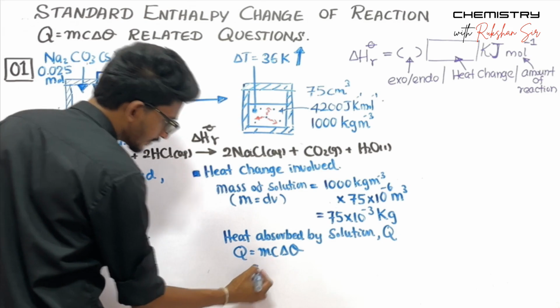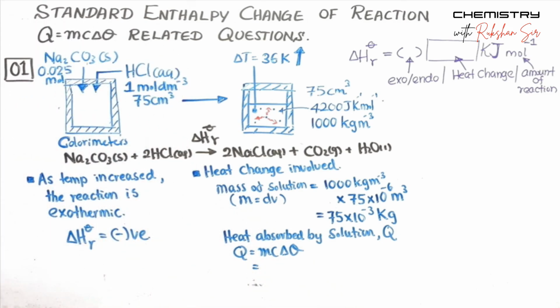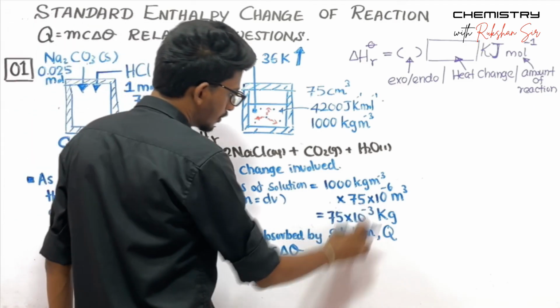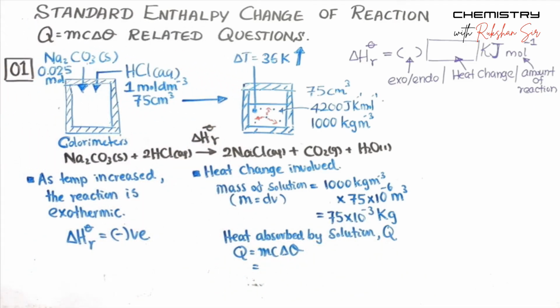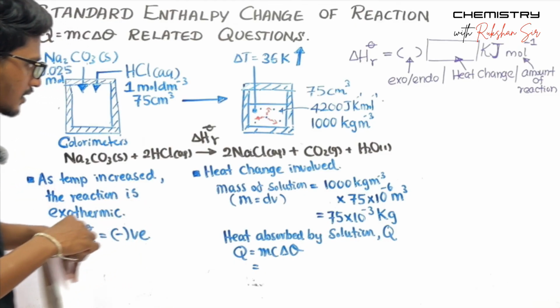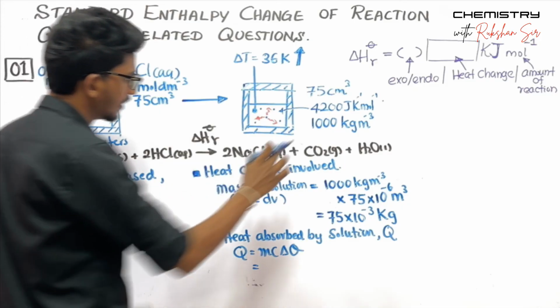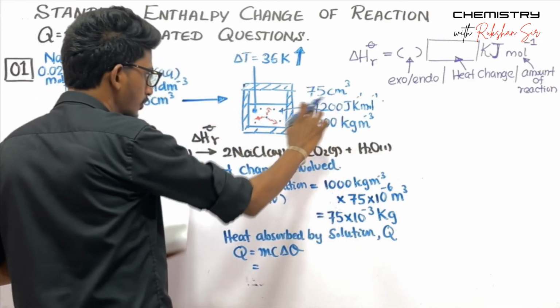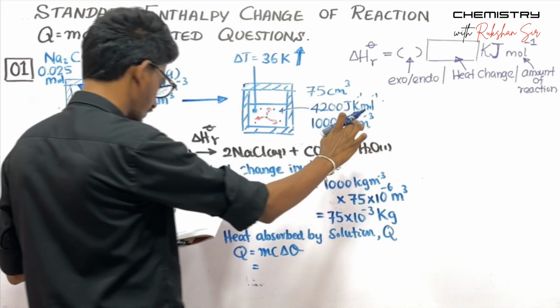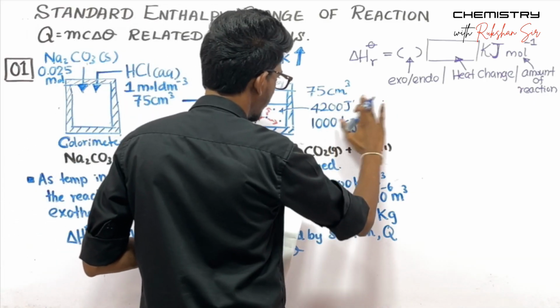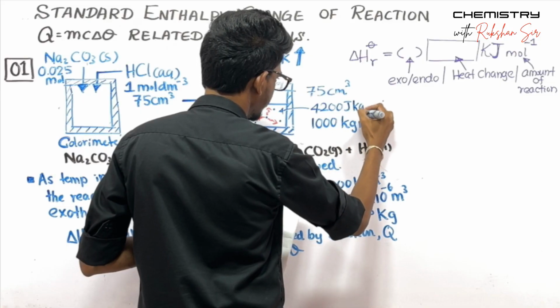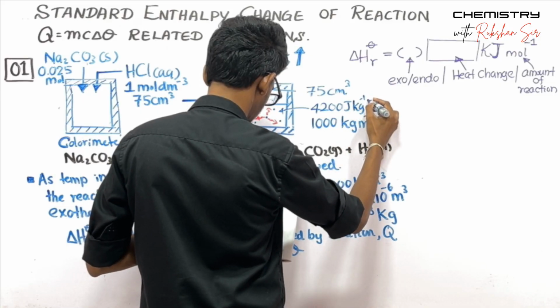So m is the mass of the solution, that is 75 into 10 to the power minus 3 kilograms. So we have to apply, I just written this down, 4,200 joules per kilogram per Kelvin.